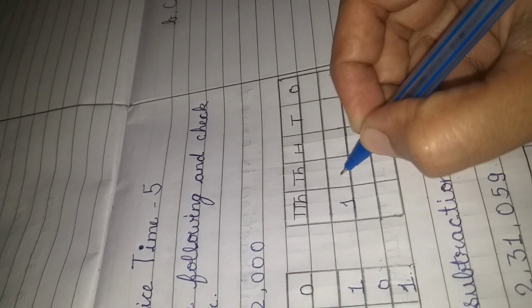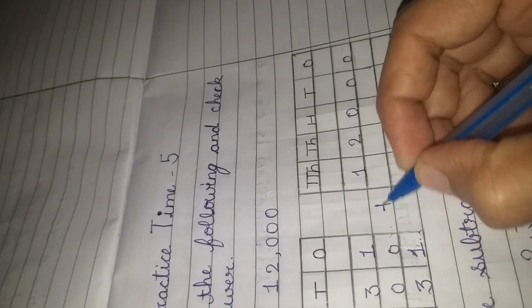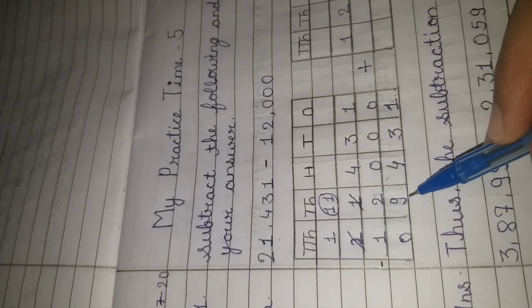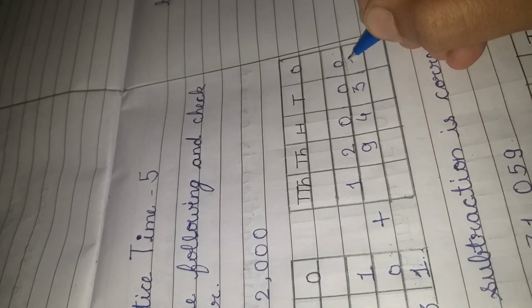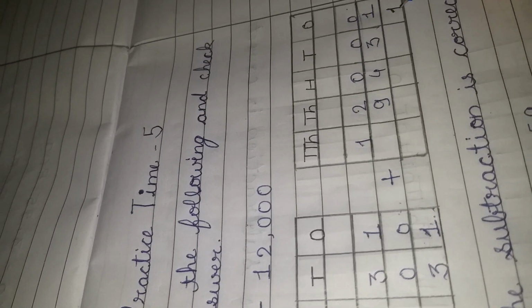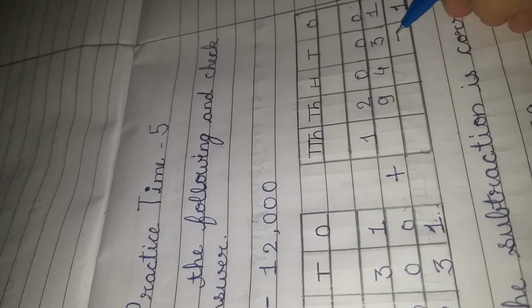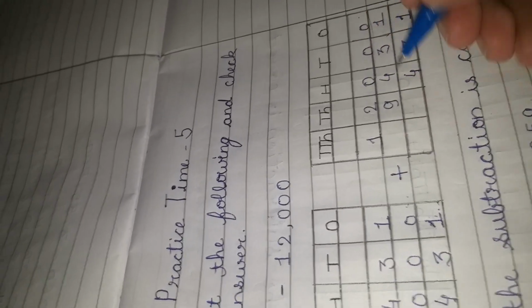So 12,000 plus our answer, which is 9,431. So like this we are going to write: 0 plus 1, 1; 0 plus 3, 3; 0 plus 4, 4; 2 plus 9, 11.